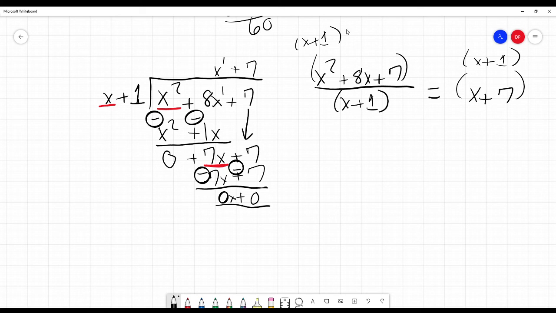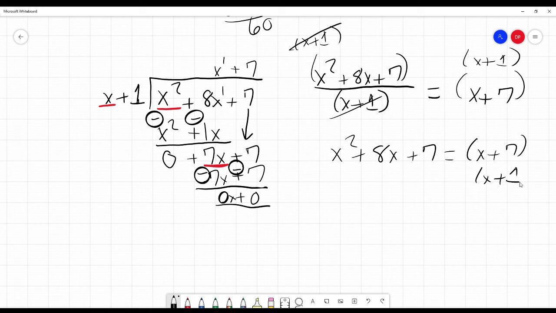What would happen is these would cancel out, and I'd be left with x squared plus 8x plus 7 is equal to x plus 7 times x plus 1. And so this is really just confirming how this factors for you.